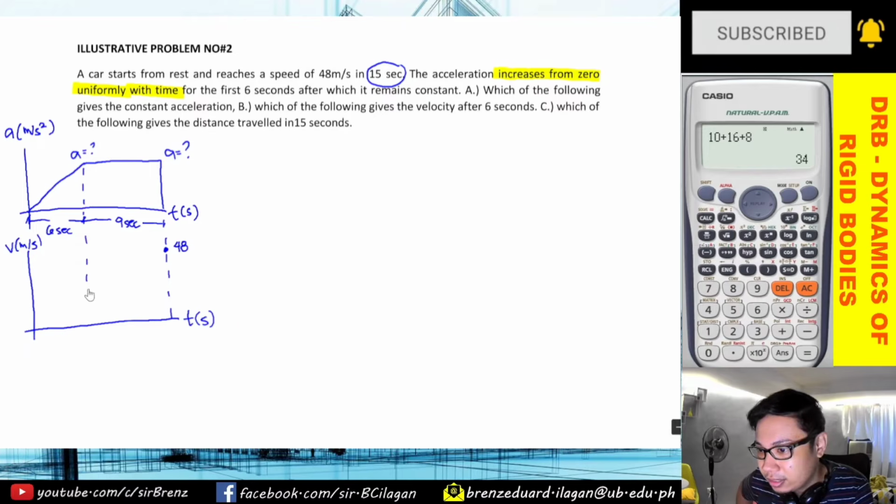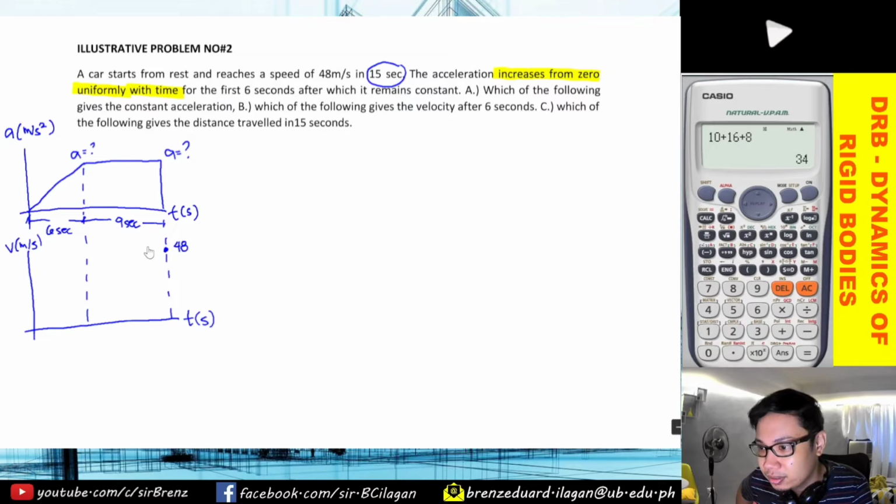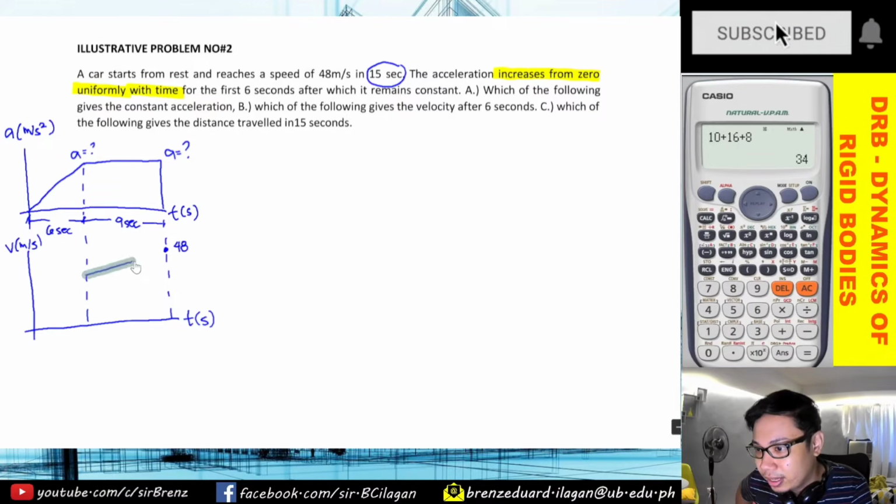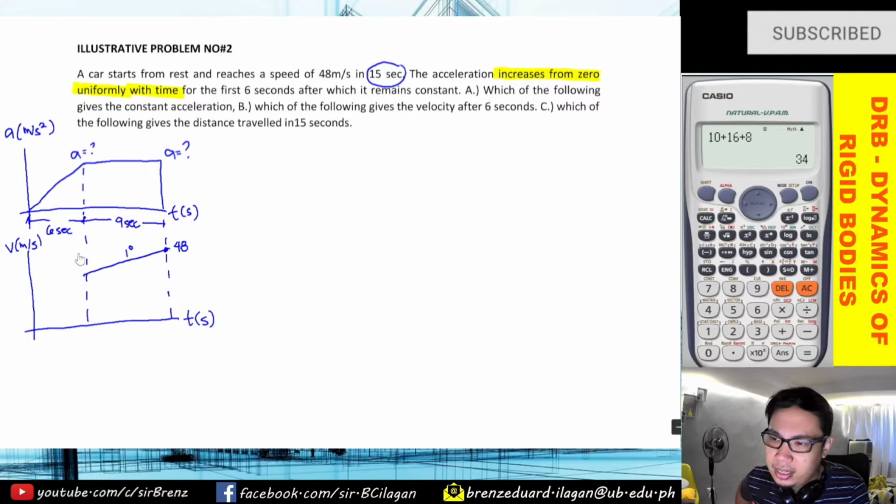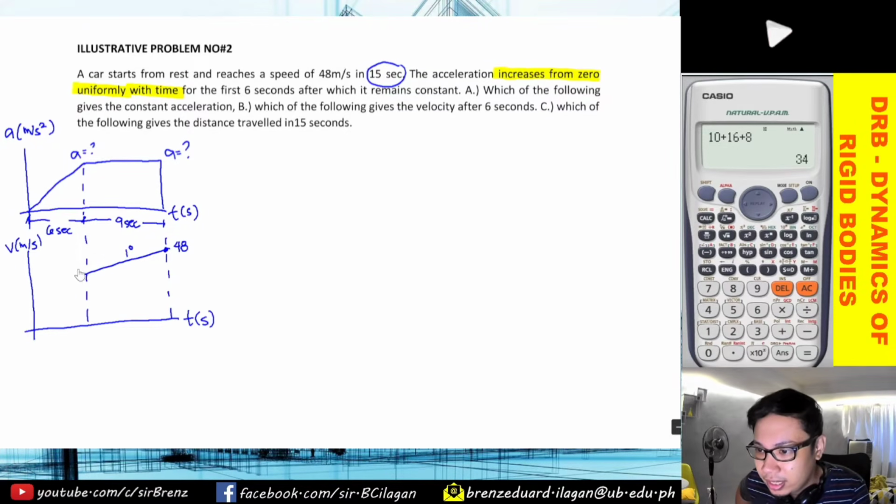So I will just project this. We know that this is a positive acceleration, so it rises here. This is the first degree. This one we do not know yet, so let's denote it as the velocity at 6 seconds.